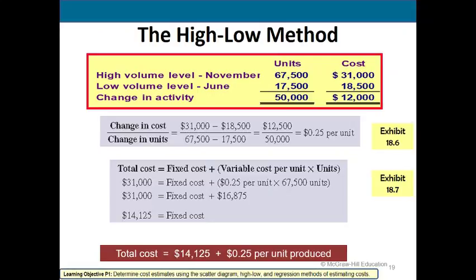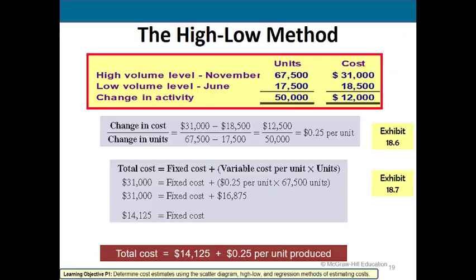So the formula here, you put your total cost of 31,000 in there. Your unknown variable is fixed cost, but to that you add the variable cost that you calculated, 25 cents per unit times the 67,500, which is the high volume level that corresponds with the $31,000 total cost.